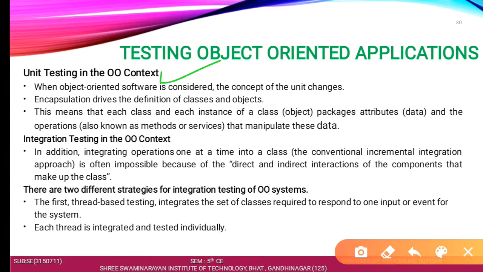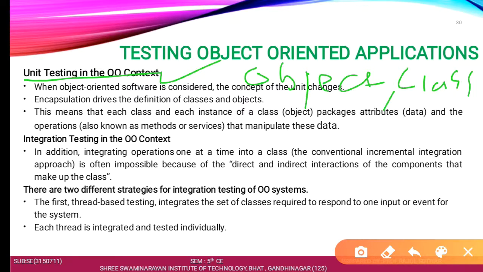The object is an instance of a class, hence an object also specifies some data attributes and its operations. In object oriented software, the focus of unit testing is considered as a class or object test. In unit testing, nothing but the object or class is tested.